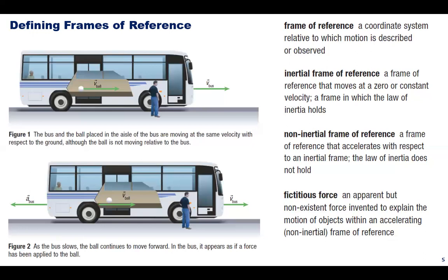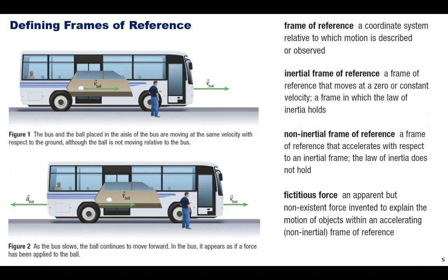Now think about what happens when the bus slows down and the ball begins to roll forward inside the bus. What causes the ball to move forward? As the bus slows, it accelerates, which means it changes velocity in a direction that is opposite to the direction of motion.